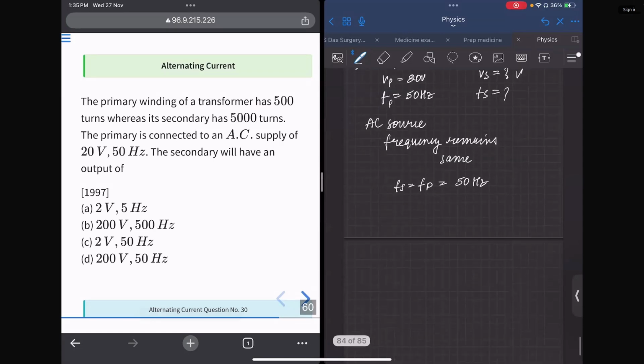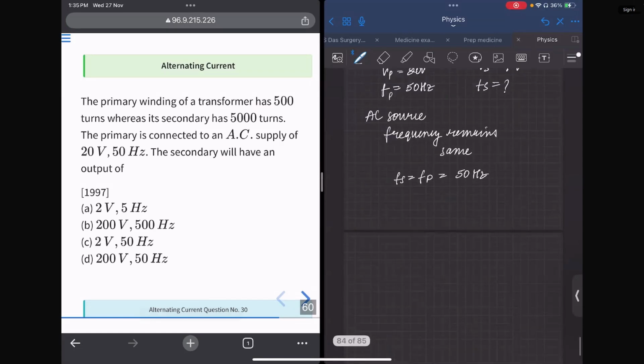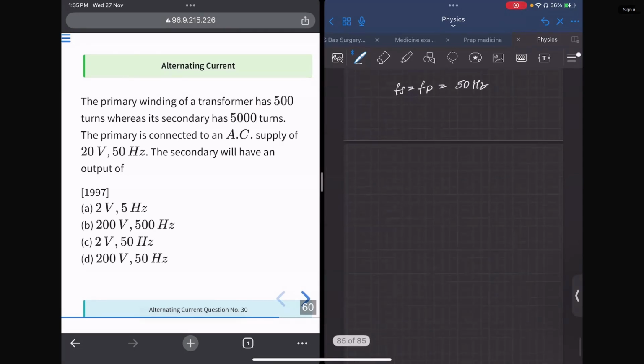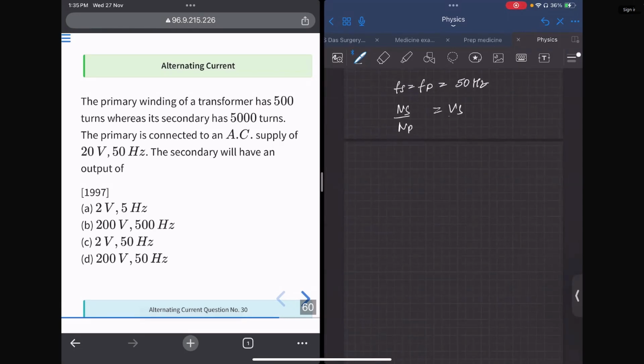So we have the ratio of number of turns. NS divided by NP is VS by VP. NS, the number of turns in secondary, is 5000. And I just told you in the previous question that if NS is greater than NP, it is a step up transformer.